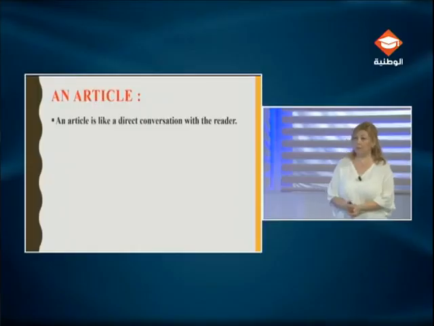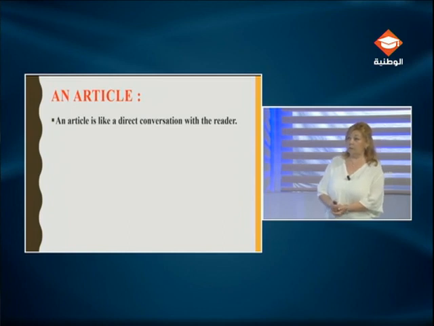Let's begin then. The first type, articles. If ever I were asked to write an article. What is an article first? An article is like a direct conversation with the reader. As if you were talking to the reader, but instead of talking, here you are writing.